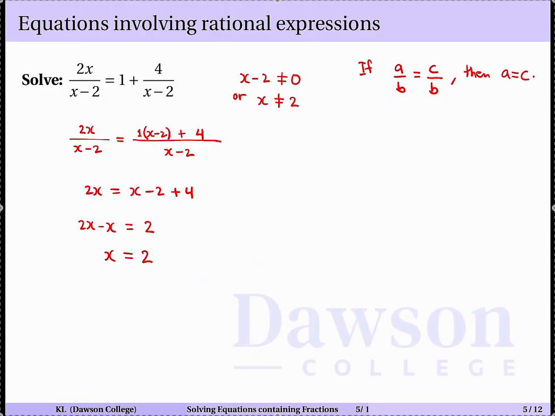So this means there are no solutions. Because, again, we found that x equals 2, but we don't want our x to be equal to 2. And there are no other candidates after solving this equation. So there will be no solutions. Okay?